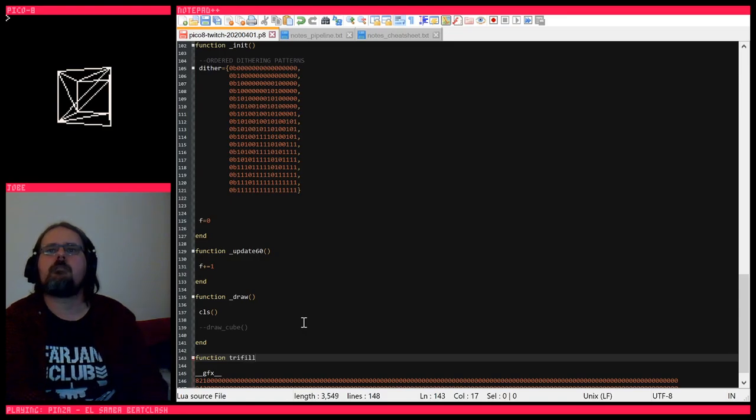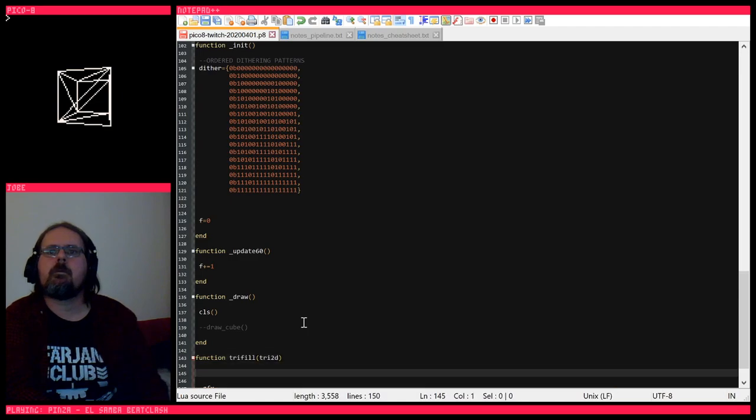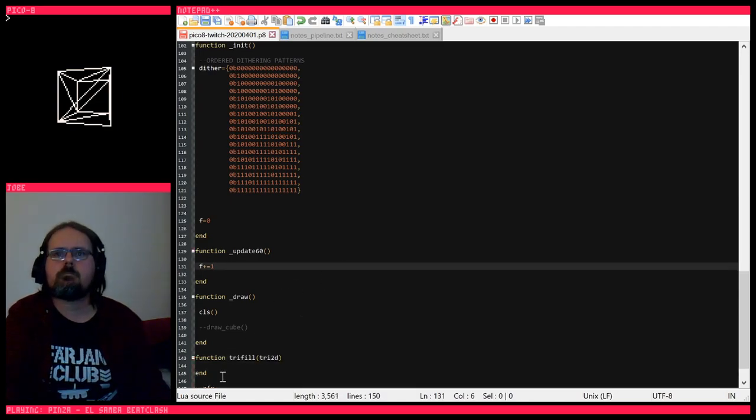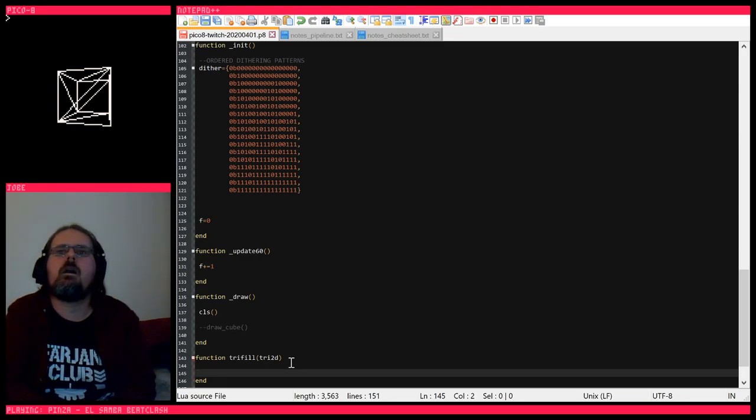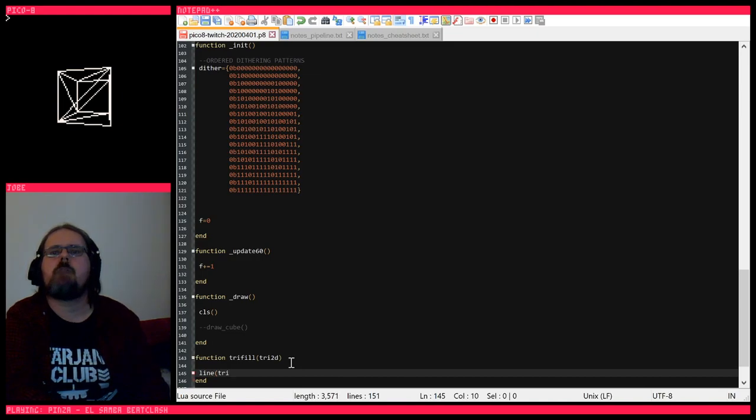Our filled triangle is going to take an array with 3 two-dimensional points as the input. And so let's just start by drawing a non-filled triangle.